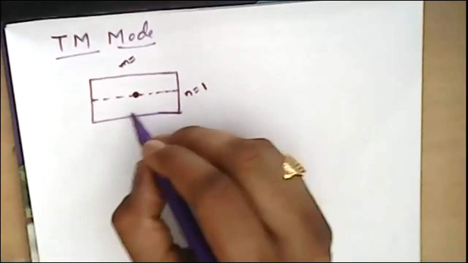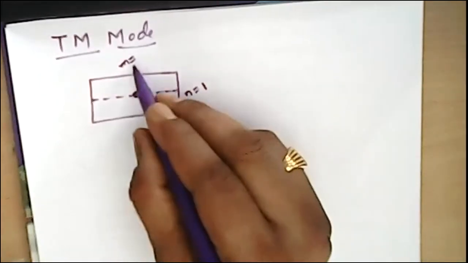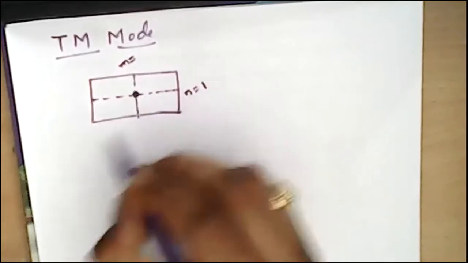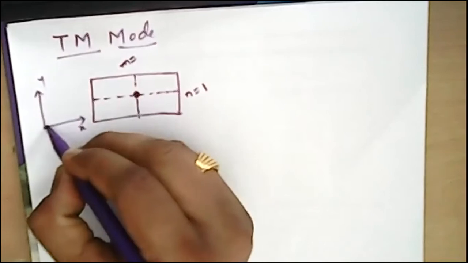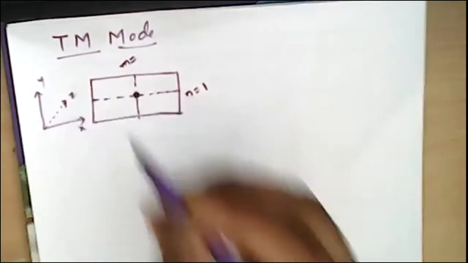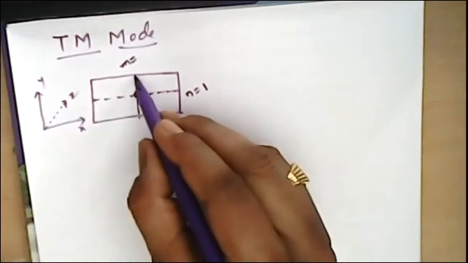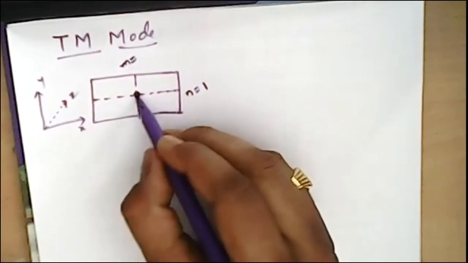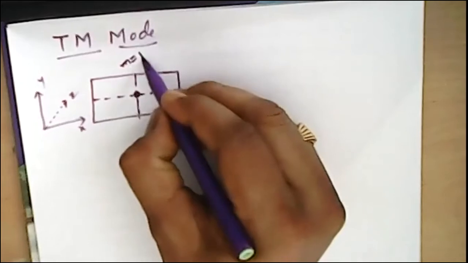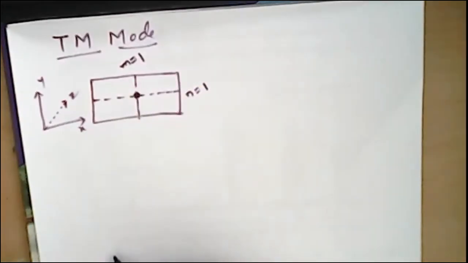And one more, along the normal, along the y-axis, we have only one possibility. This is the x-axis, this is the y-axis, and this is the z-axis. So there is only one possibility in the normal axis for the wave to propagate, so m is also equal to 1.